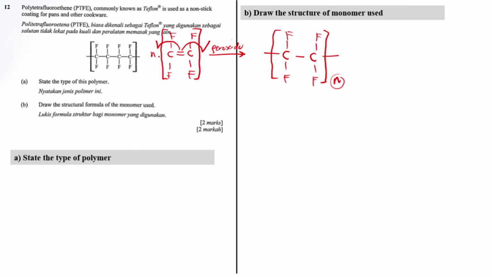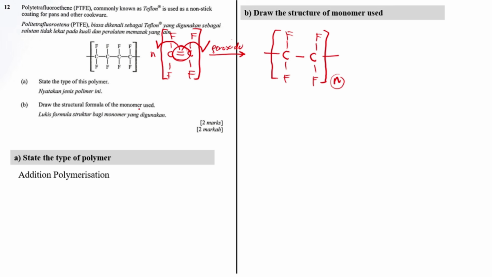The n at the front is monomer, and at the back is polymer. We know that the monomer has a carbon-carbon double bond, so a carbon-carbon double bond becomes a carbon-carbon single bond. It is an addition polymerization.